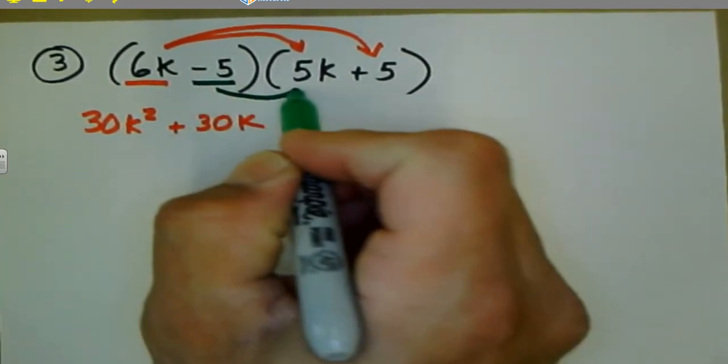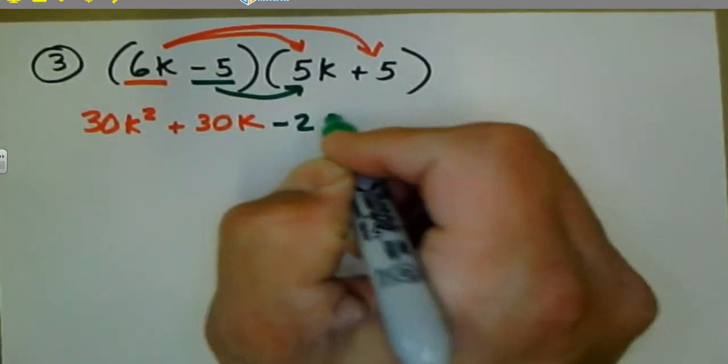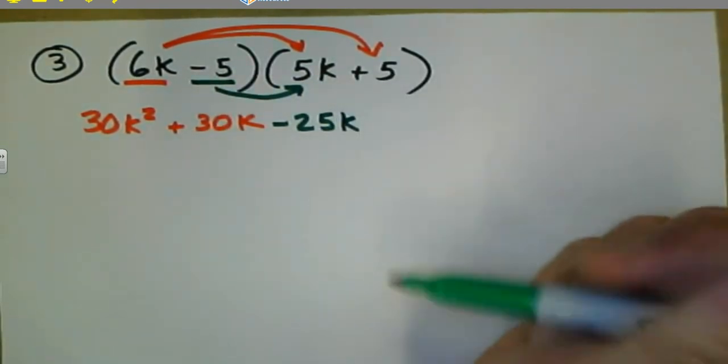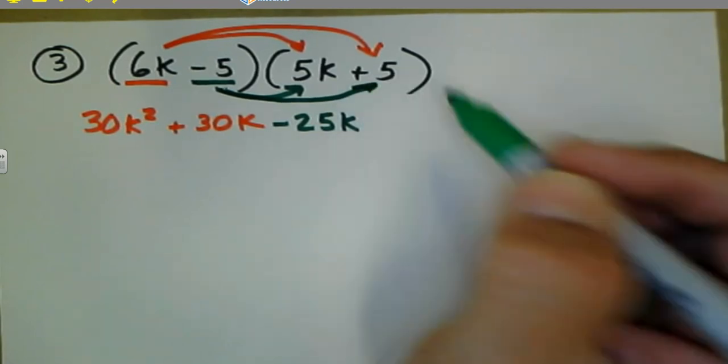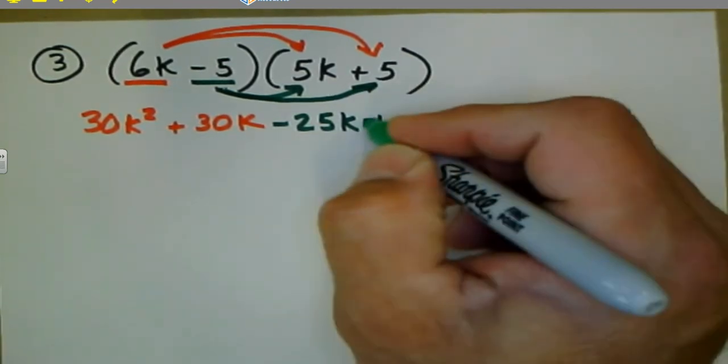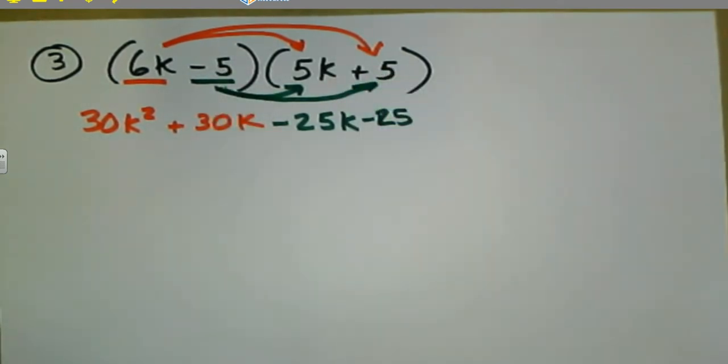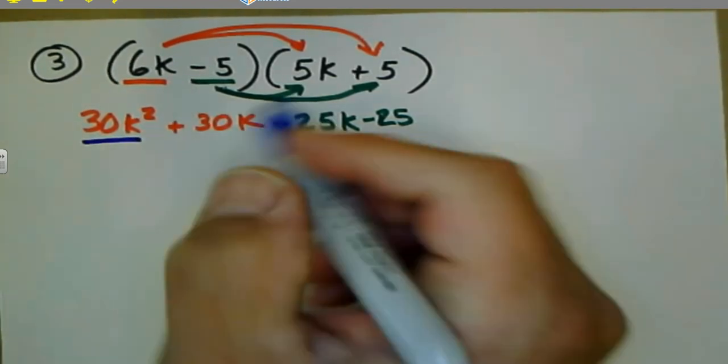Take the next term, -5 times 5, -25. 0, 1, 1K. -5 times 5, whoops, -25. No K, no K, no Ks. That one doesn't have a like term.